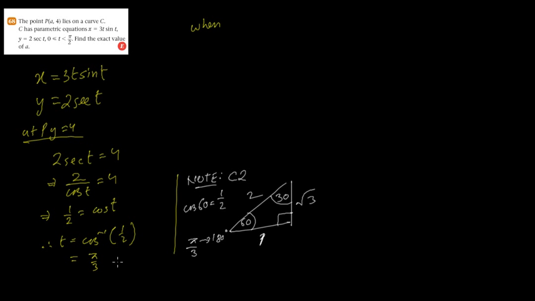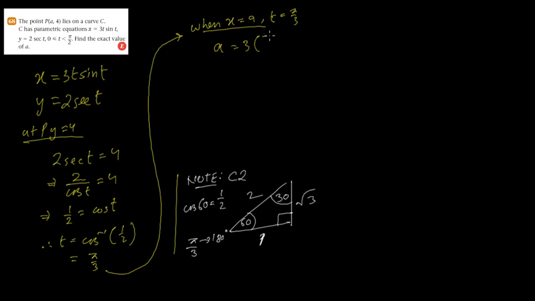When x equals a, so at x we're putting a, so a equals 3 times t sine t, with t equals pi by 3. So 3 pi by 3 sine pi by 3. So this 3 and this 3 cancel, so this is pi.